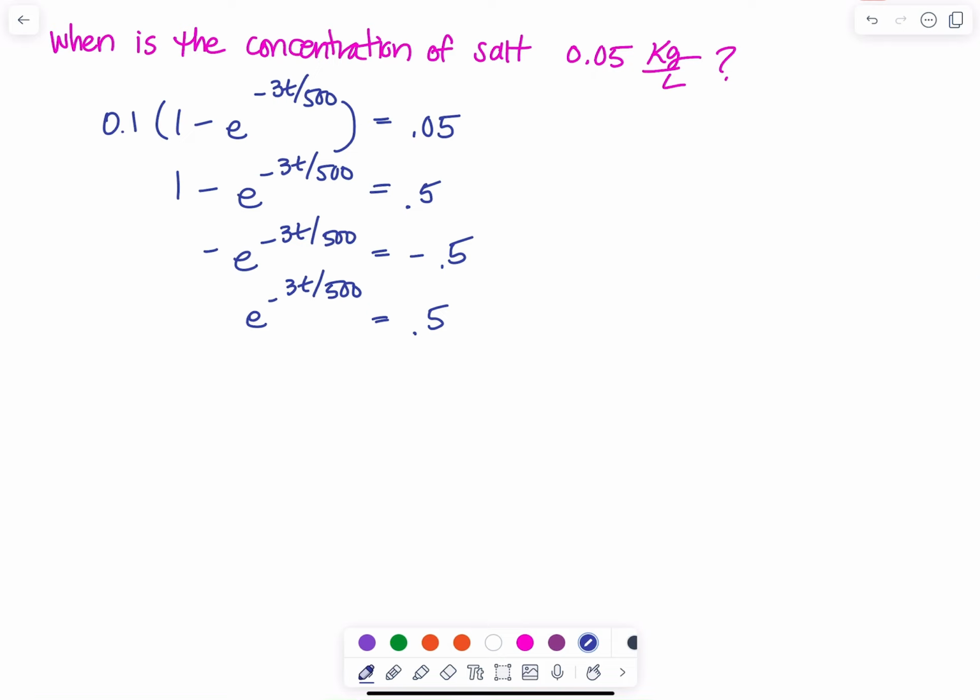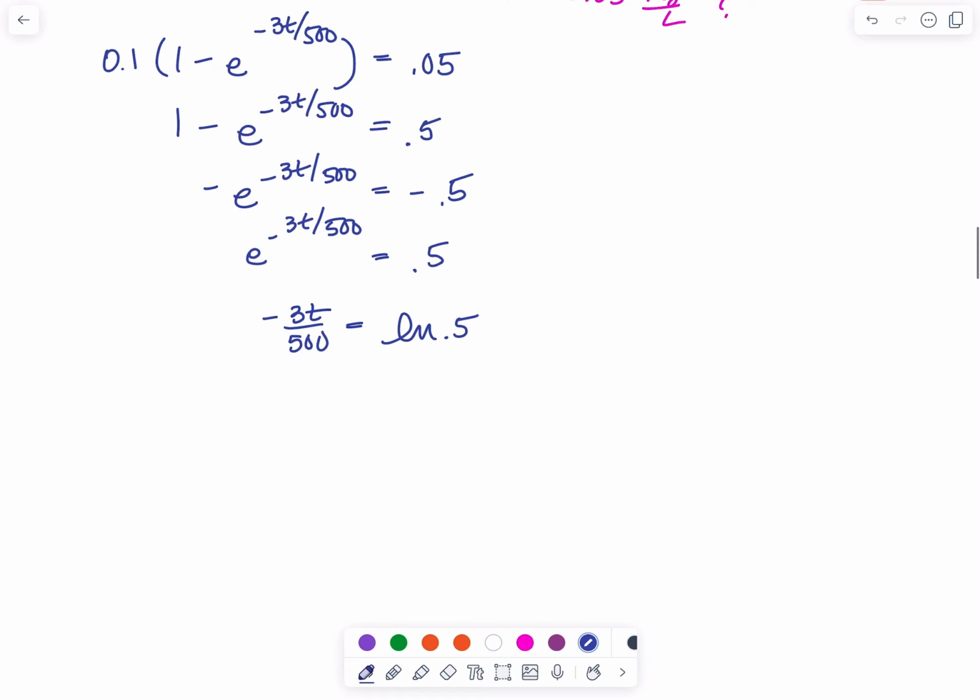So in order to solve for t, we'll go ahead and take the natural log of both sides, and then we will multiply both sides by 500 over 3. We'll go ahead and use a negative. And so we get t is approximately equal to 115.52 minutes.